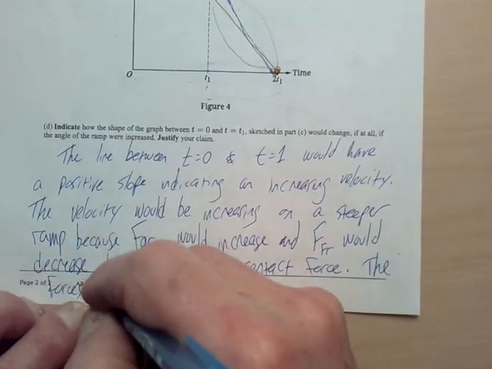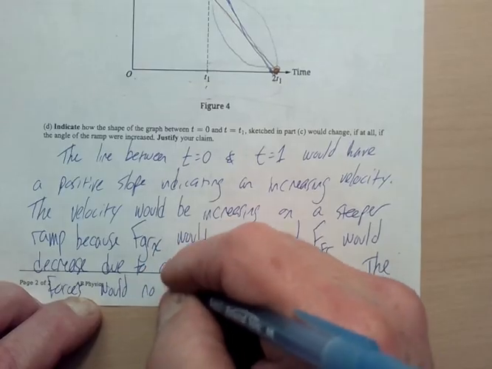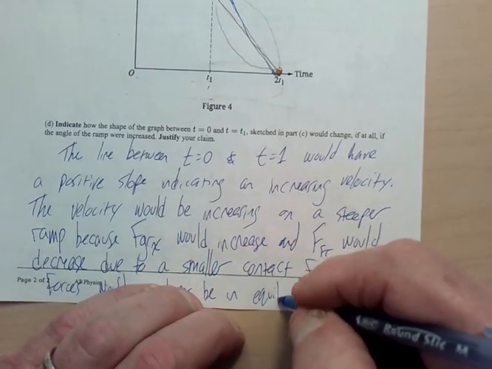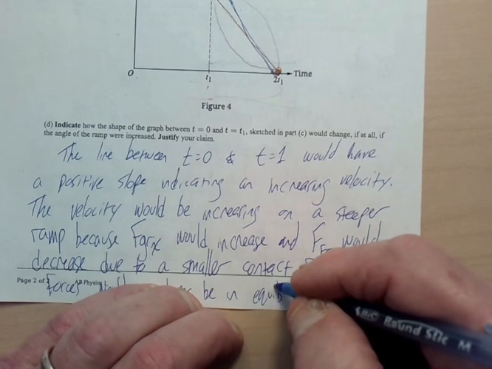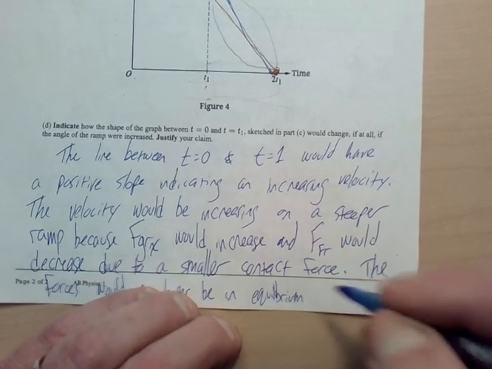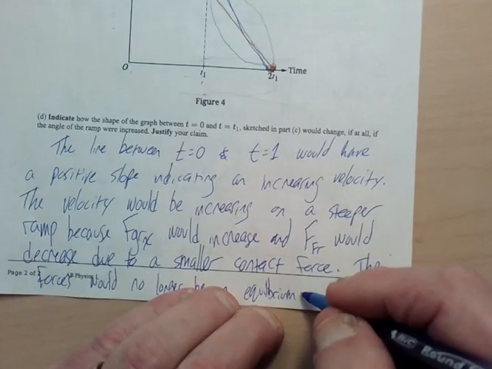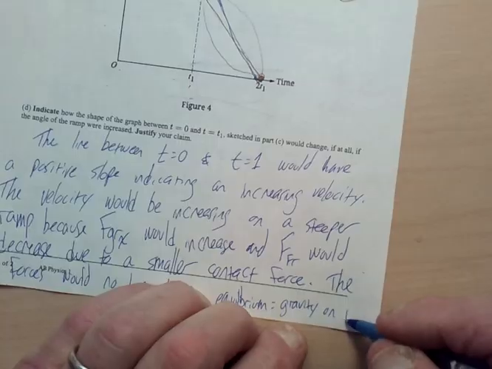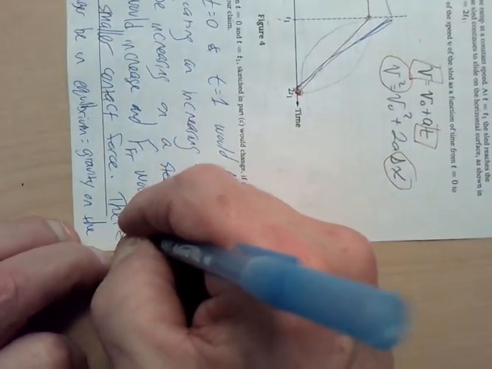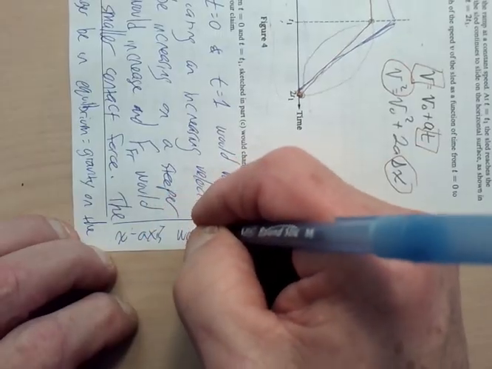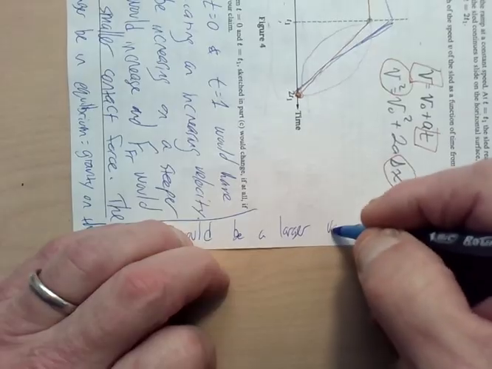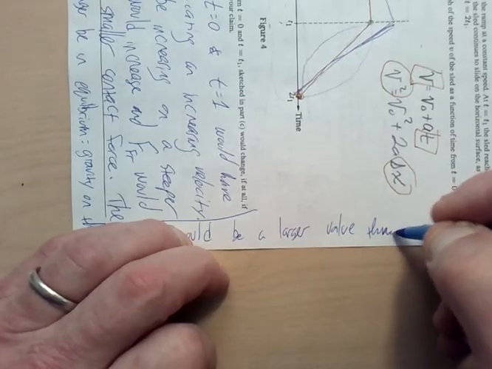The forces would no longer be in equilibrium. Gravity on the x-axis would be a larger value than force friction.